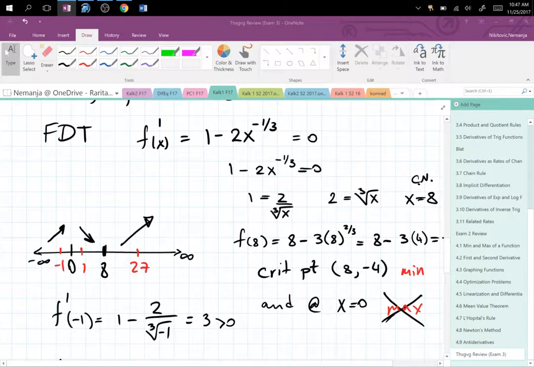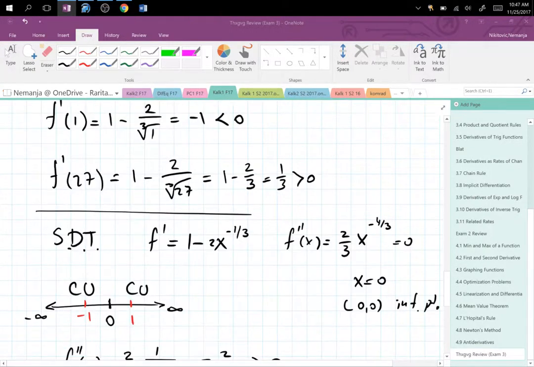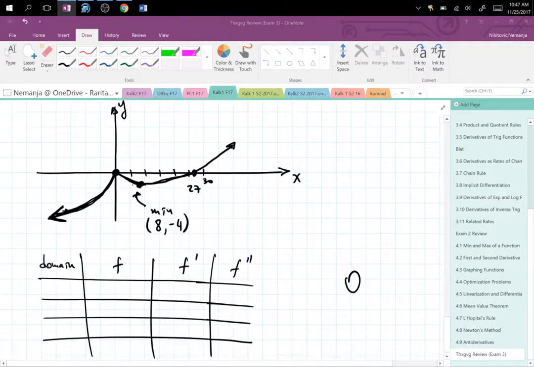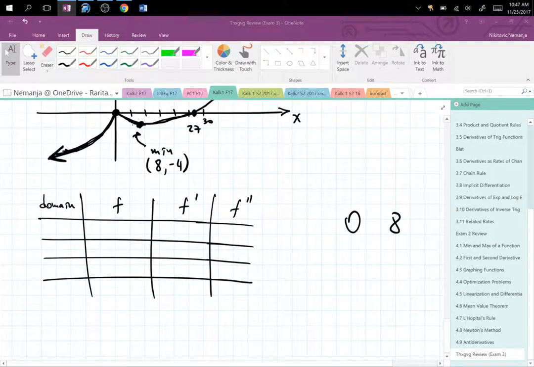I have 8 as an important point as well. All right, cool. So this is what I do. Negative infinity less than x less than 0, 0 less than x less than 8, and then 8 less than x less than infinity. So these are the three partitions.